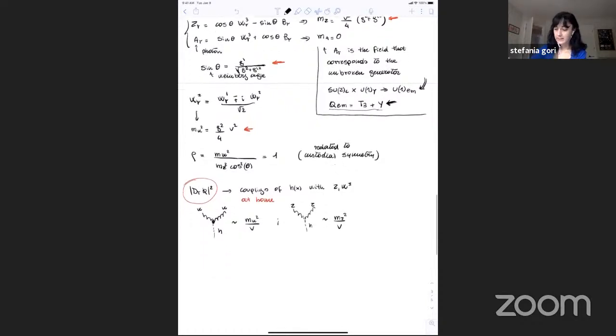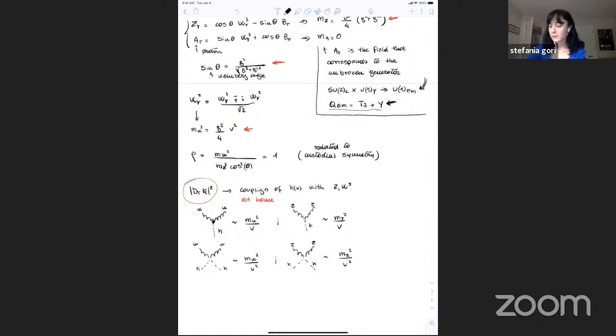And then you have also 4-point interactions, so between 2 gauge bosons and 2 Higgses. So you have W, W, Higgs, Higgs, and this is again proportional to the mass of the W. And then finally Z, Z, Higgs, Higgs, that is proportional to the mass of the Z.